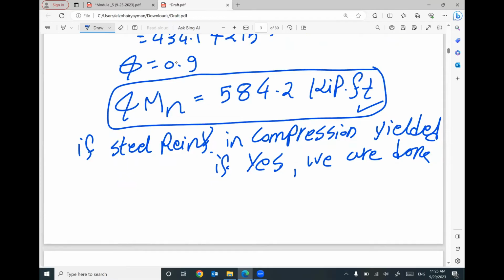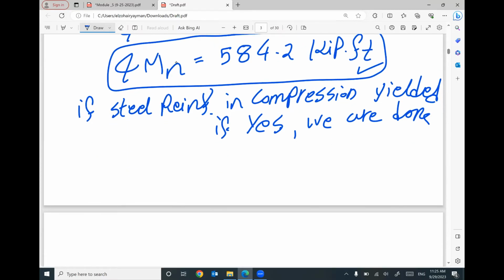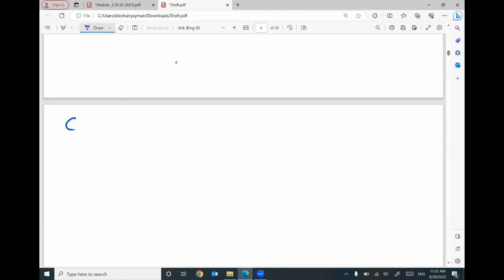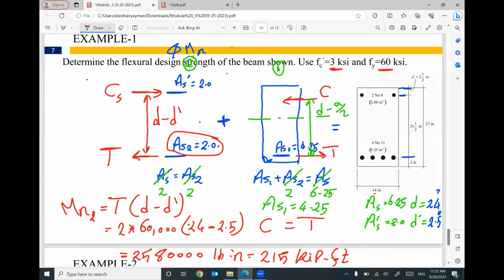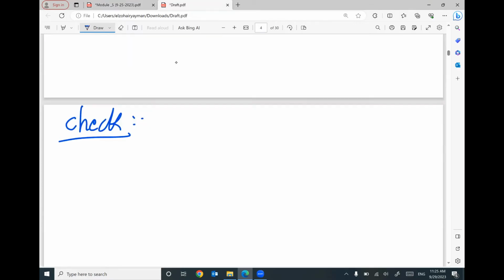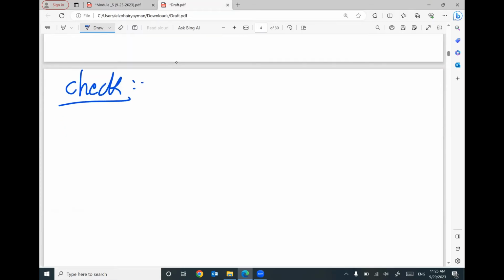That makes sense? So how to check? It's very easy. This check is explained in this slide: how to check if the compression steel reinforcement yielded or not. I would like to start from scratch because you're already familiar with this one.